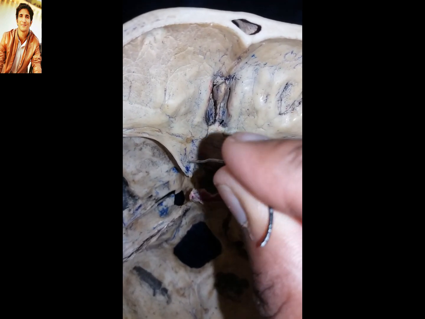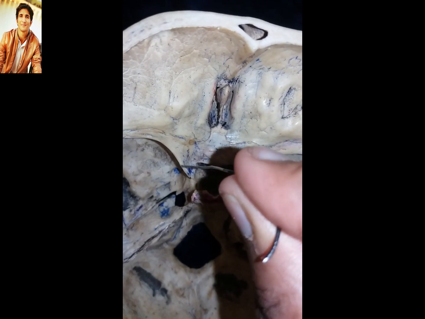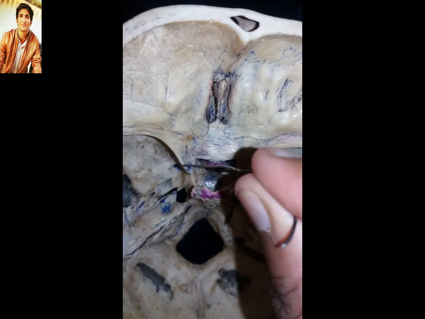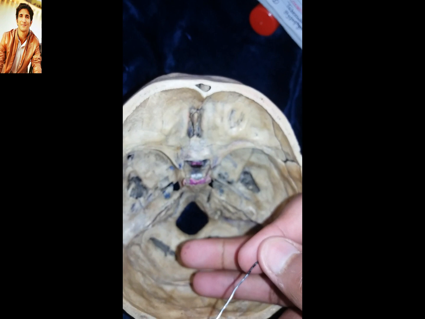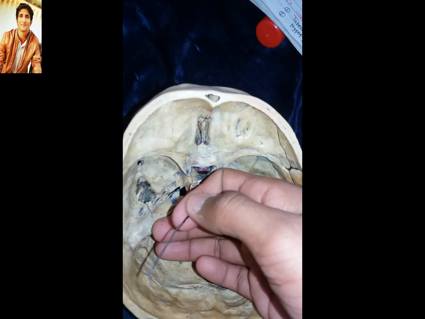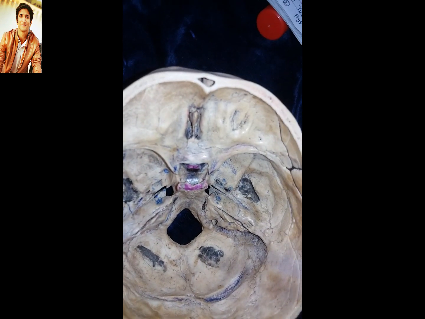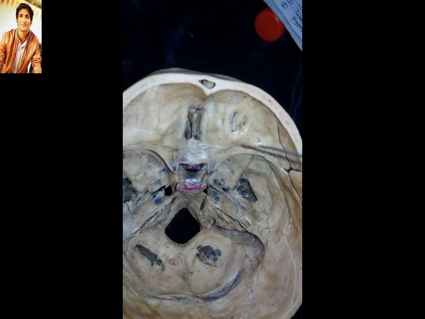This process serves for the attachment of the tentorium cerebelli. You know the tentorium cerebelli separates the cerebellum from the cerebral hemispheres, and the falx cerebri separates the two cerebral hemispheres.